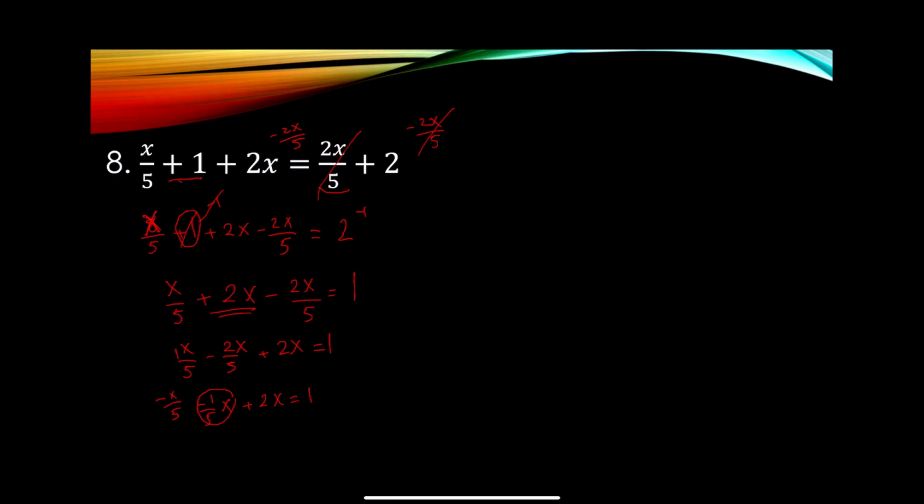Now, negative 1 over 5x and 2x, if you want, you should unify the denominators and then solve it. But I know the answer. The answer should be 9x over 5 equal 1.